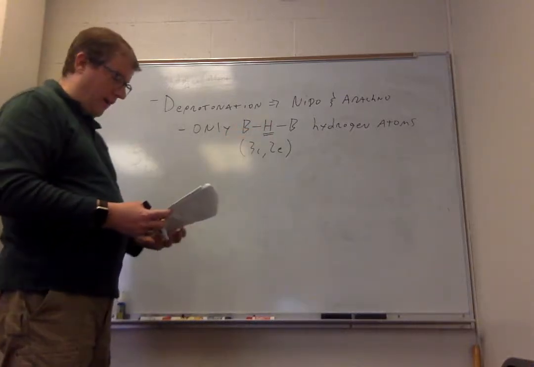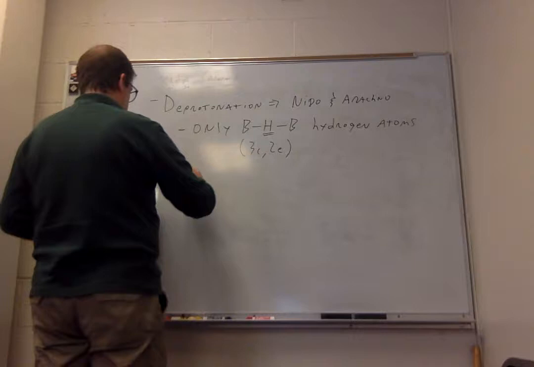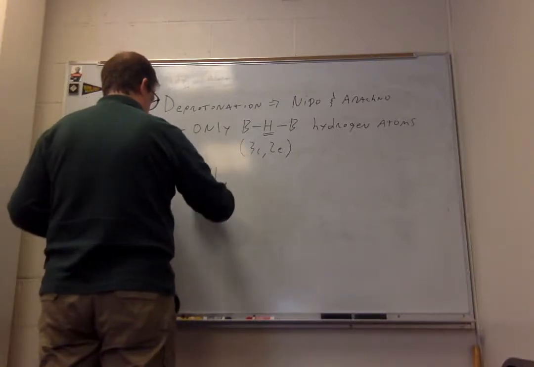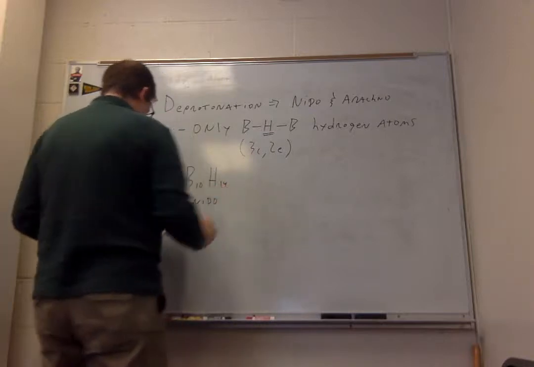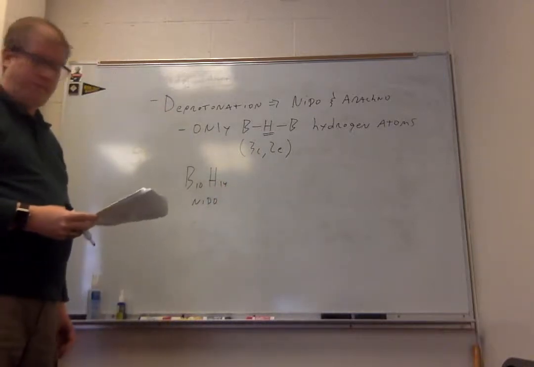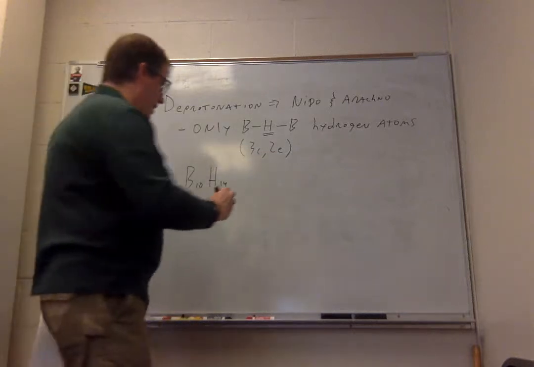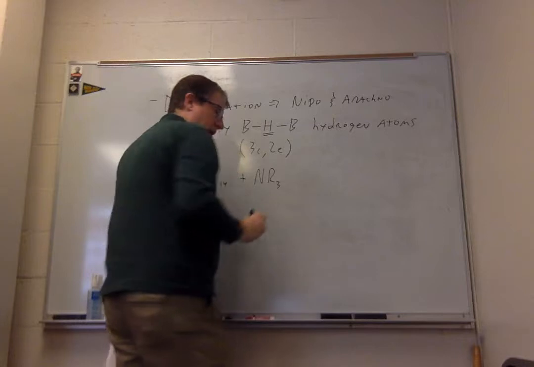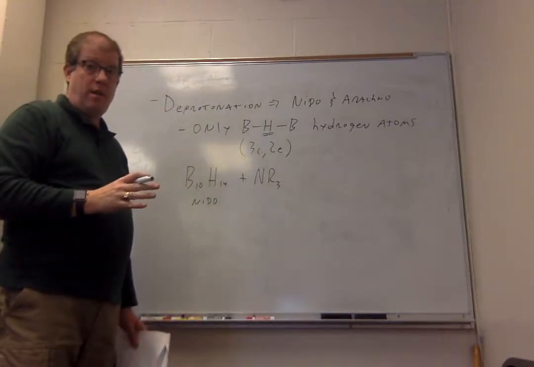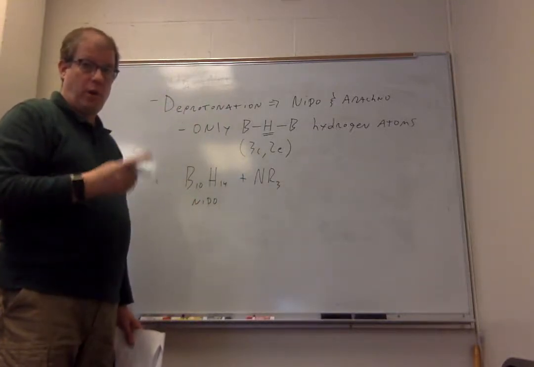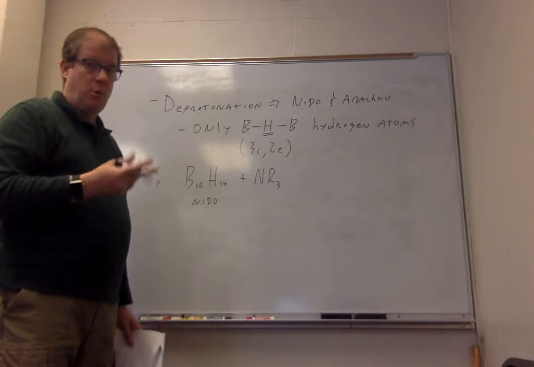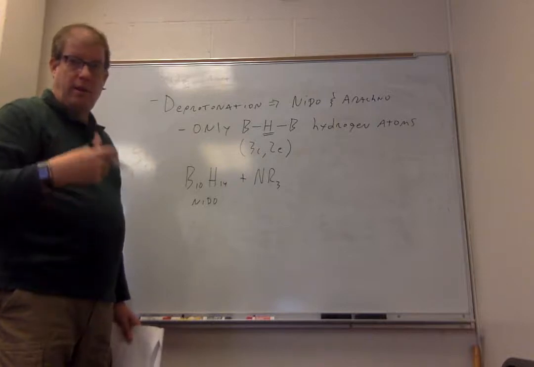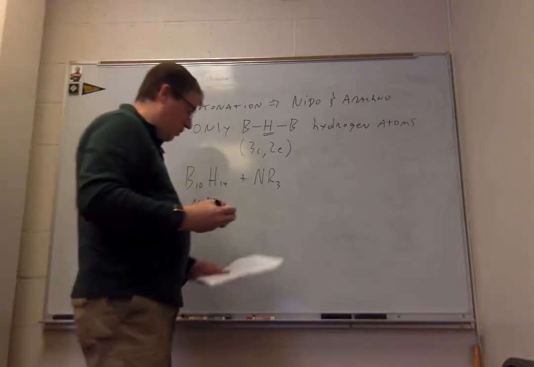So how are we going to affect this transformation? Like so. We'll start with a nido cluster. If you add to that any amine where all 3 R's are not hydrogen, one of them can be, or 2 of them can be, but not all 3. So a primary, a secondary, or a tertiary amine will do this.